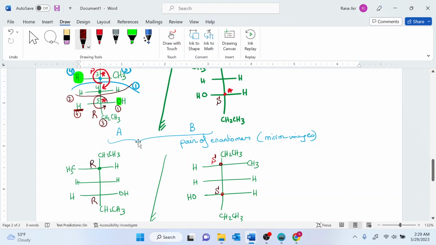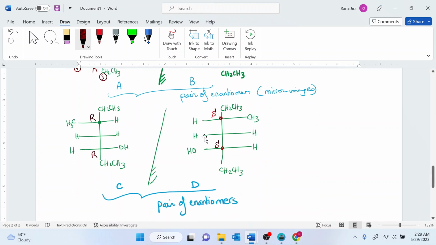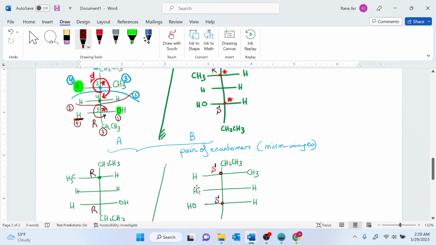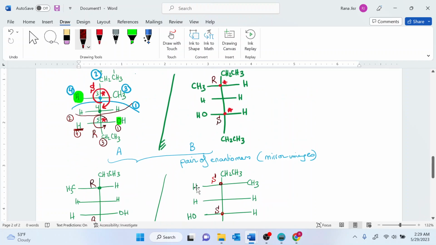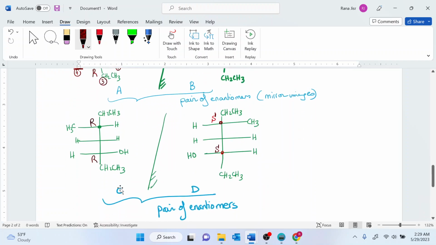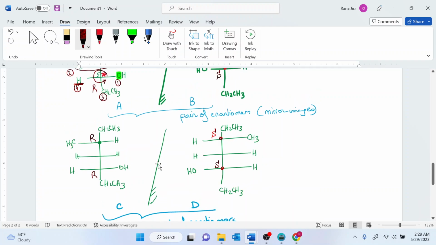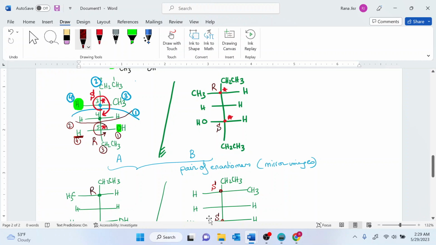Now, with respect to the relationship, we said A and B are a pair of enantiomers. These are mirror images. C and D are mirror images and they are a pair of enantiomers. However, there is a difference between A and C, B and D, B and C, and A and D. And the difference is in the rotation of just one carbon.